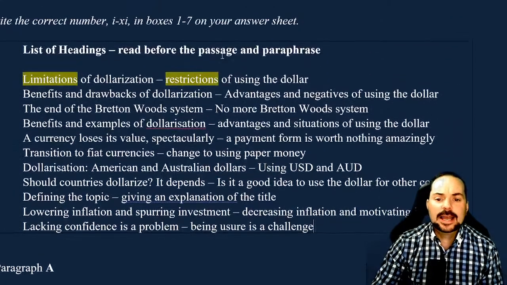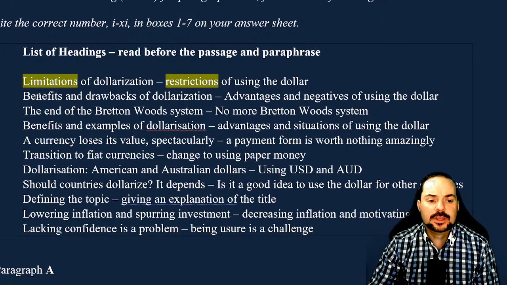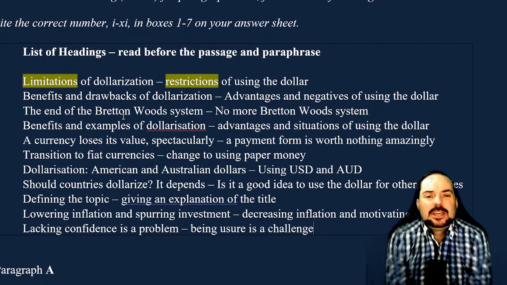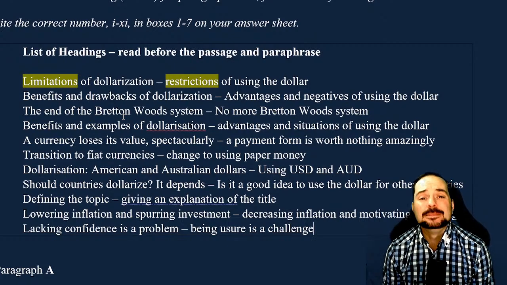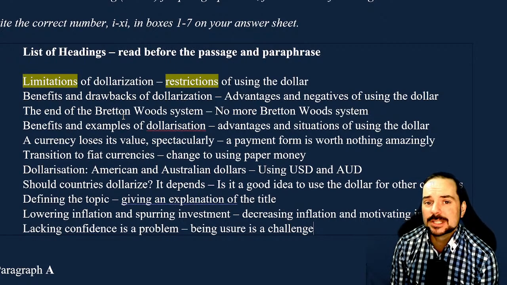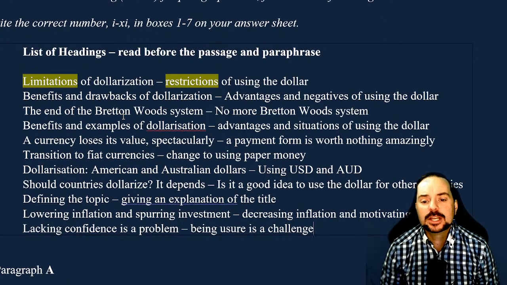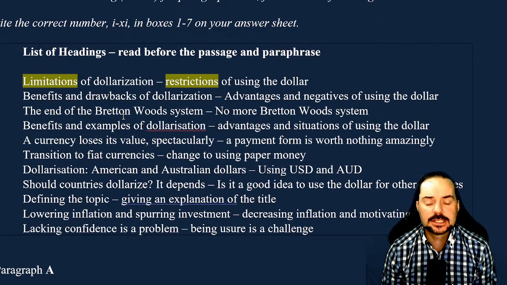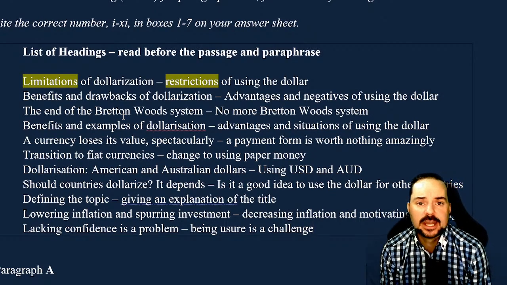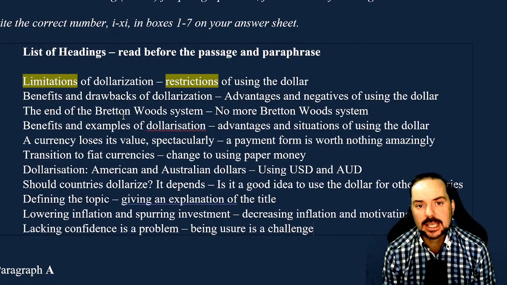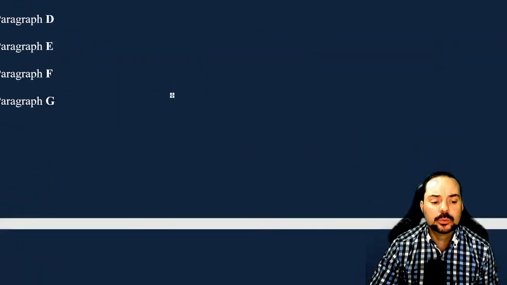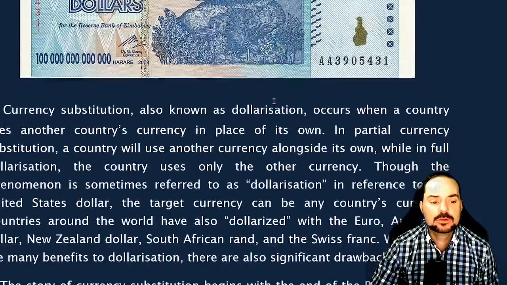All right, so I have all my paraphrasing here of the original list of headings, and that kind of gives me a better idea of what I'm dealing with, my possible choices, and then I can read, right? Okay, so that's what list of headings is. Now we're going to use list of headings and answer these list of headings and use these paraphrases in a moment. But for now, what I'm going to do is I'm going to read the passage, okay, everyone?